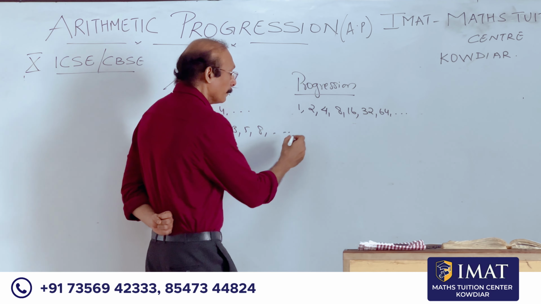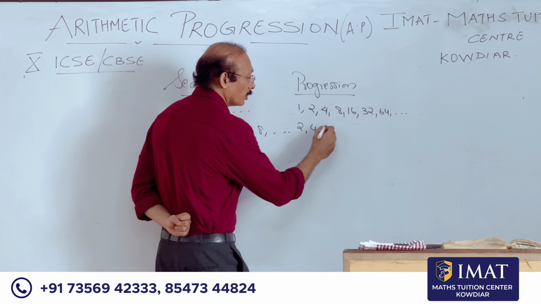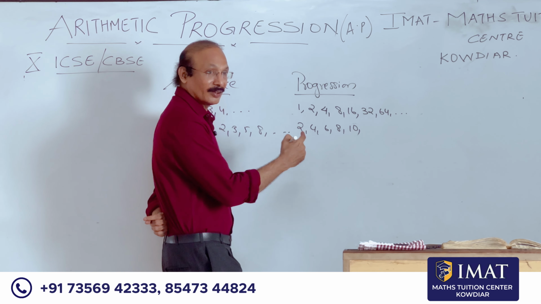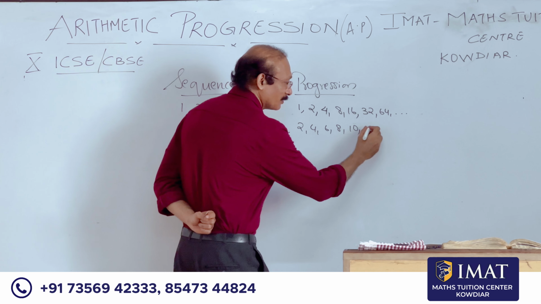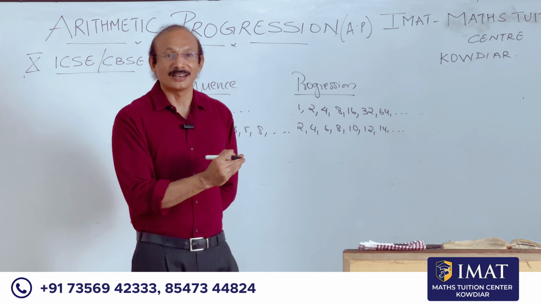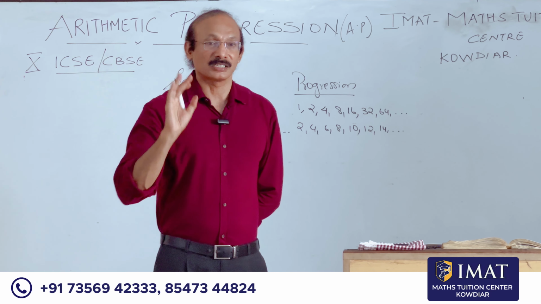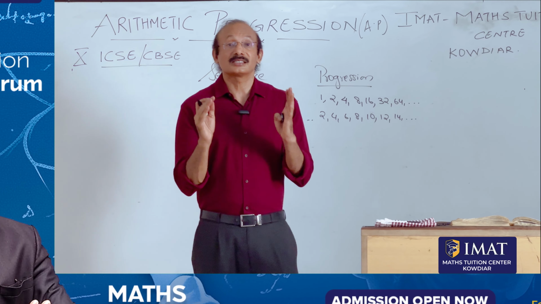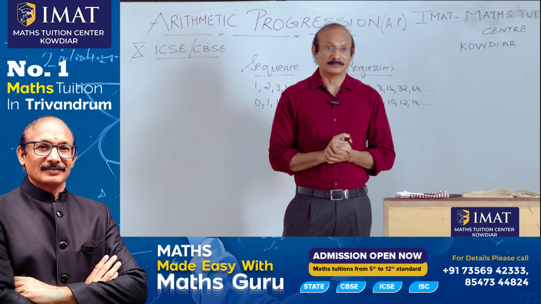Say for example, 2, 4, 6, 8, 10. You might have got the idea what will be the next number. Yes, the next number is 12, the next number is 14 and so on. This sequence follows an order, so you can call the sequence a progression. So what is a progression? A progression is a sequence that follows an order.